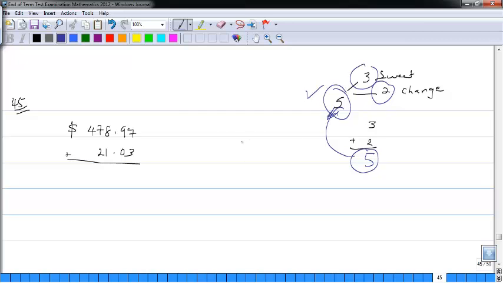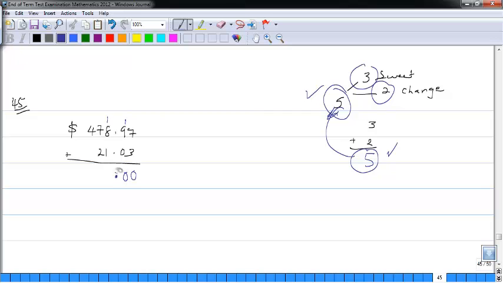Now similarly, we're going to do the same thing with this problem. It says we got the change of $21.03 and we paid $478.97. So what we would need to do, just like here, we would need to add. So let's add. 3 and 7 would make 10. We carry 1. And 9 and 1 would make 10. Carry 1.